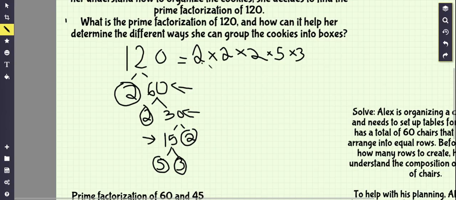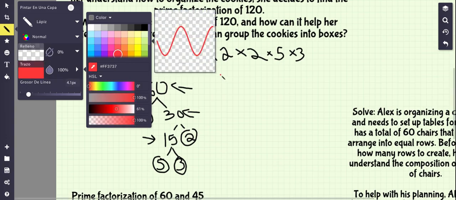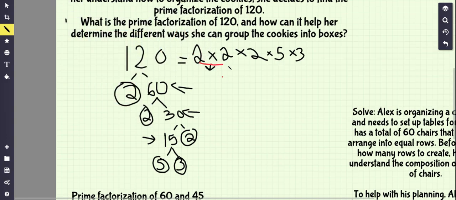Let's multiply. Remember, we have commutativity in multiplication, so it doesn't matter how you order. So now we're going to have 2 times 2 times 2, which is 4 times 2, which is 8. We're going to multiply that by 5 times 3.